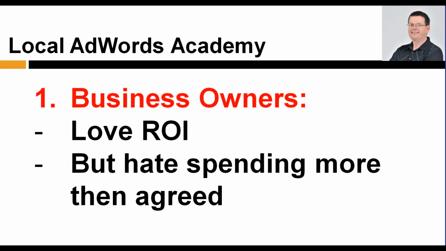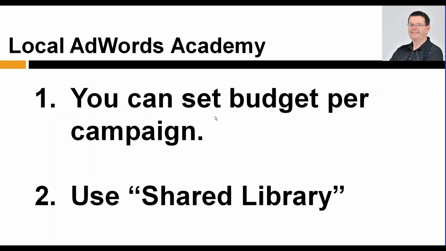It used to be hard to do that in AdWords because you could only set up a budget per campaign. But to be honest, that was a big motivator for Google to say, I need something that can combine all those campaigns together. And a couple of months ago, they implemented it in the shared library. In a shared library, you can pull those campaigns together and set a budget for those campaigns.